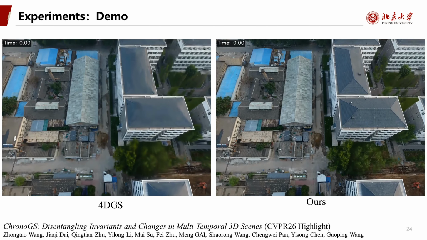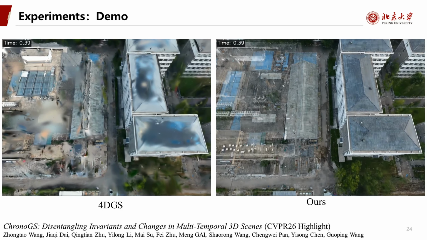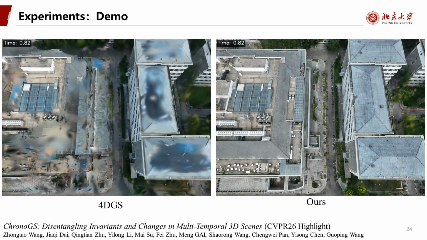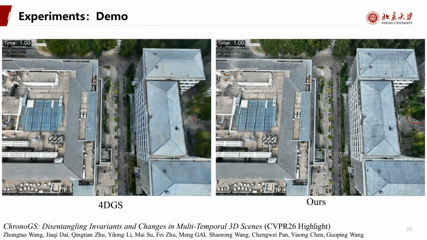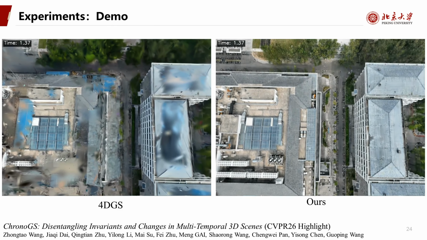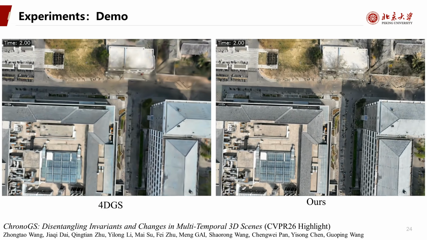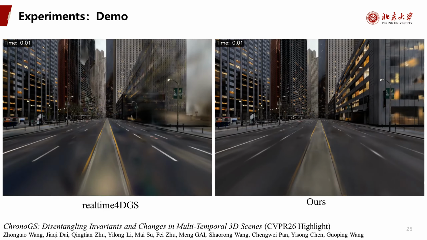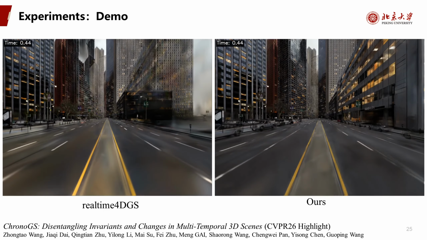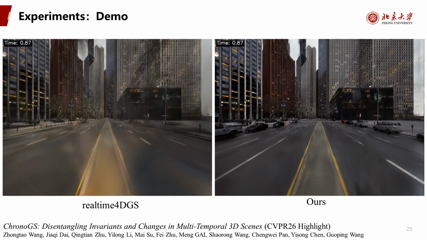Against 4D Gaussian splatting, our results show stronger temporal consistency, without the ghosting artifacts. And here is a comparison with real-time 4DGS on a street scene. Our renderings stay sharp throughout.